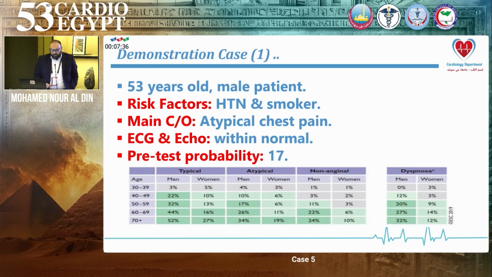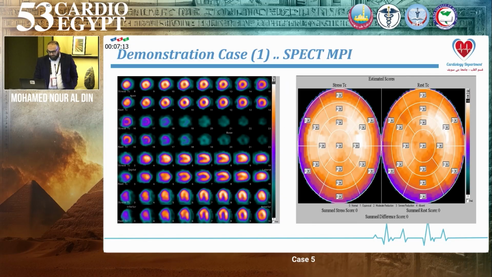This case is a 53-year-old male patient, hypertensive, smoker, presenting with atypical chest pain. Pretest probability based on the chronic coronary syndrome 2019 guidelines was 17%, an intermediate pretest probability.